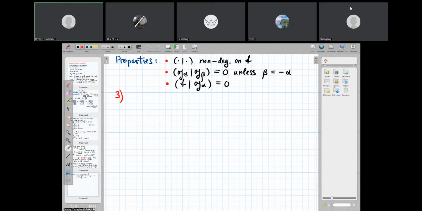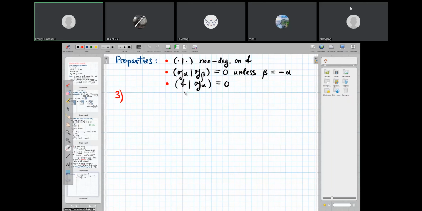It is not a one-dimensional representation of G. It is a one-dimensional representation of T. It is a root subspace. It is an eigenspace for the action of T in the Lie algebra of G. Just recall the root decomposition of the Lie algebra of G. We have discussed the root decomposition at some of the first lectures of this lecture course. I don't remember when, but we did it.